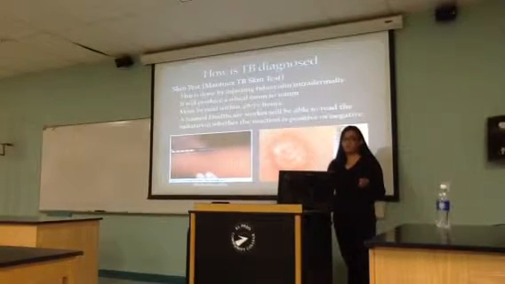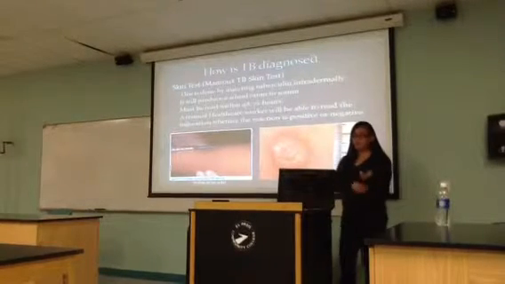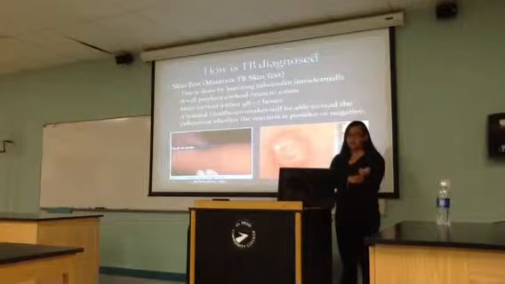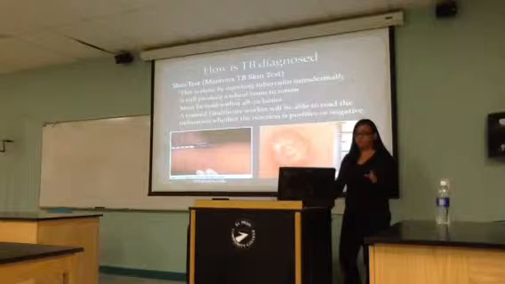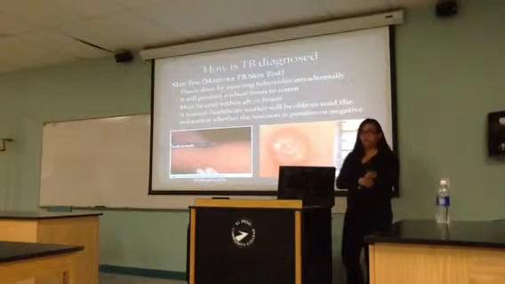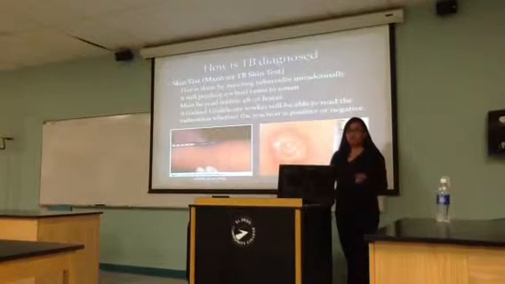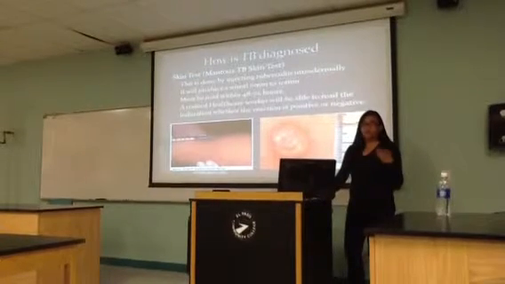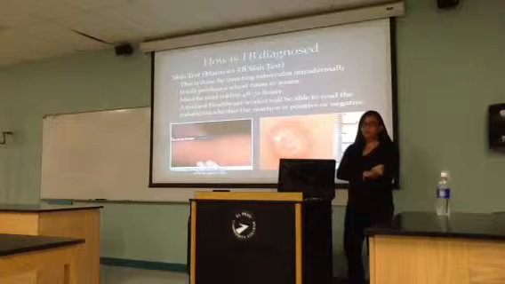The first one is the skin test, called the Mantoux TB skin test, where they inject tuberculin intradermally, and it will produce a little wheal. Usually in 48 to 72 hours you come back, and a trained healthcare professional will read the results.